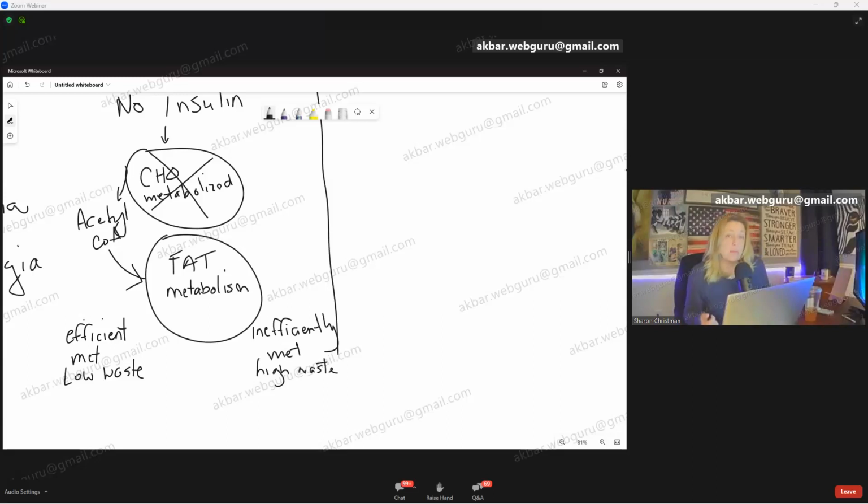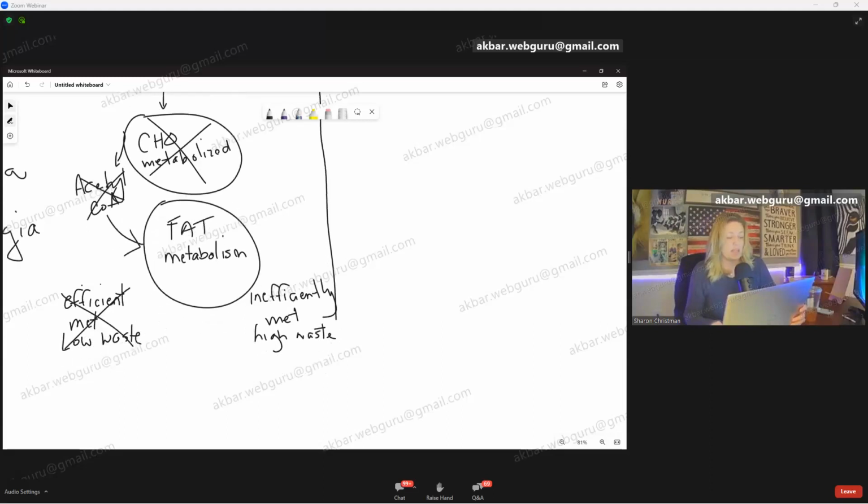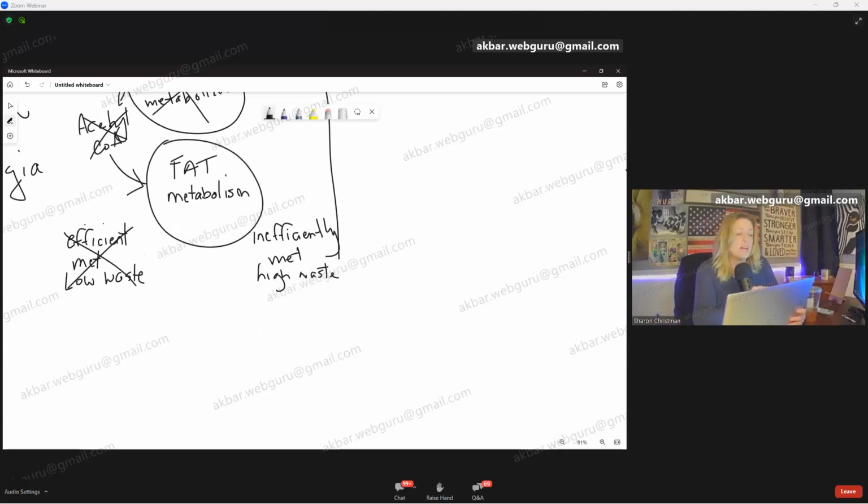But when there's no carbohydrate metabolism going on, there's no acetyl-CoA being released, which means fats are metabolized inefficiently. So in the absence of carbohydrate metabolism, you have inefficient fat metabolism, which means you have high waste. Now, what is the waste product of fat metabolism?